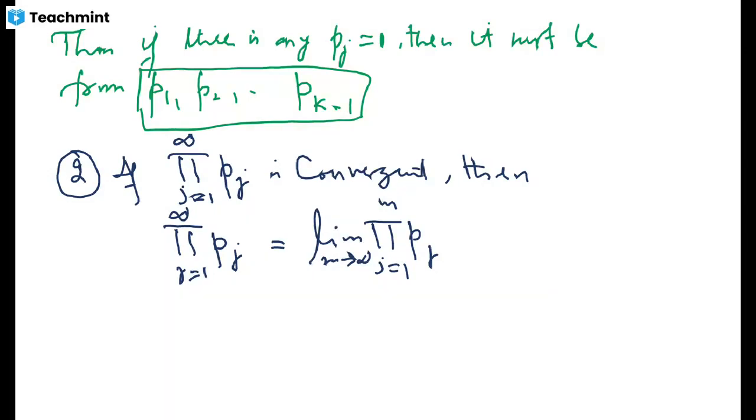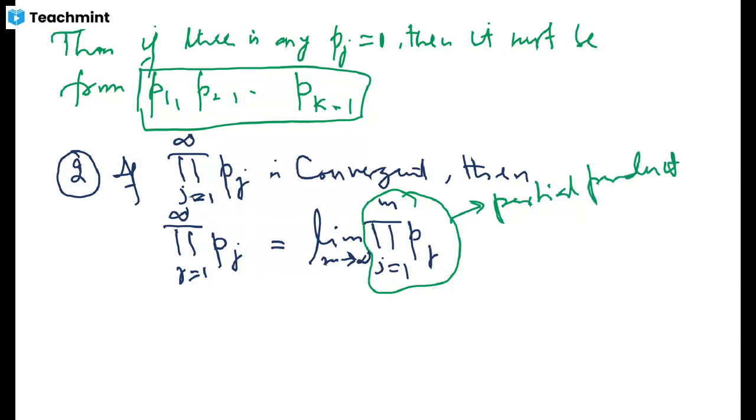Just to have an analogy with the series, we can call this a partial product, the way we call partial sums of a series. So you get a sequence of partial products.